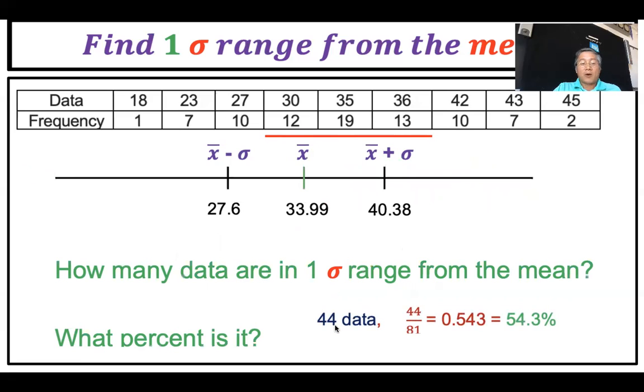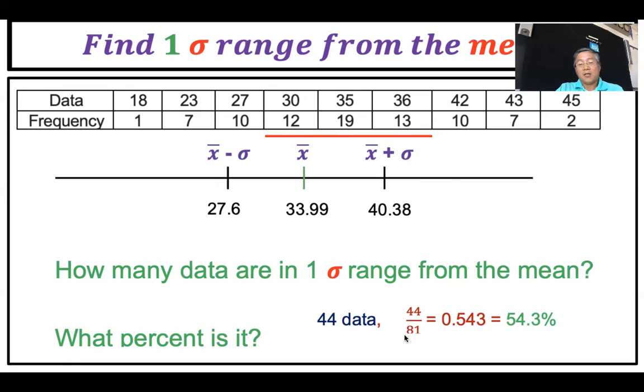And what percent is it? How do you get the percentage? 44 data from the entire data. We knew that n was 81, right? So divide by 81, the total. That gives 0.543, which is 54.3%.